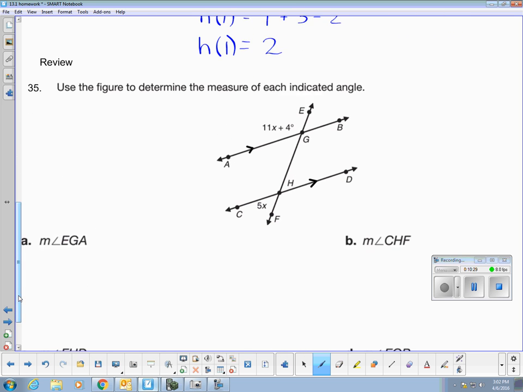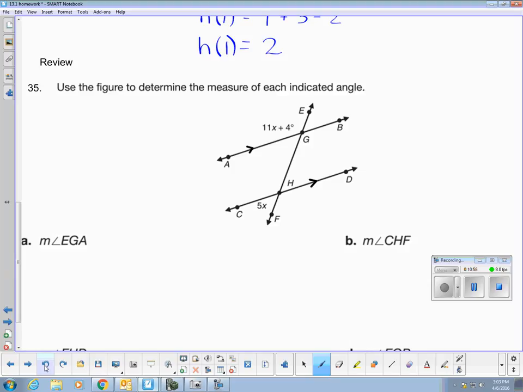Okay, we have a review question from first semester, and what I notice is I have some parallel lines, and the reason I know that they are parallel lines is these two symbols. It reminds me those two lines are parallel. So I have a variety of alternating interior angles, alternating exterior angles, corresponding angles, same side interior, same side exterior.